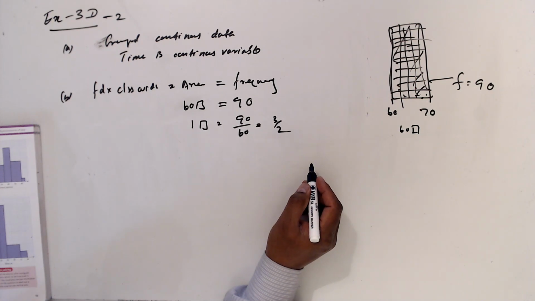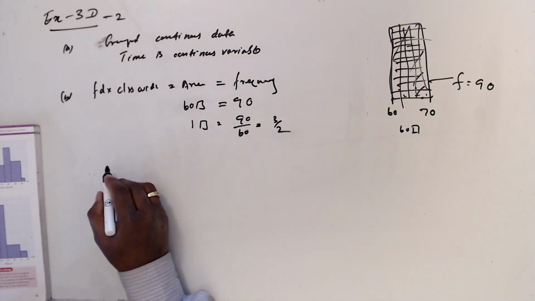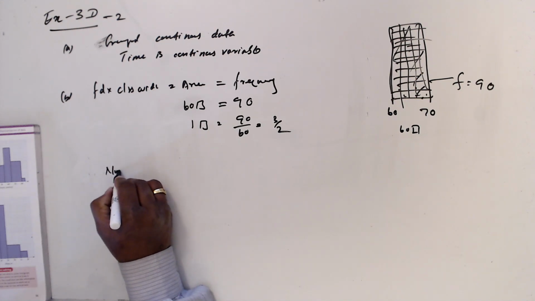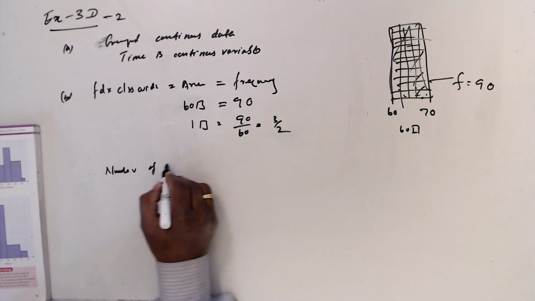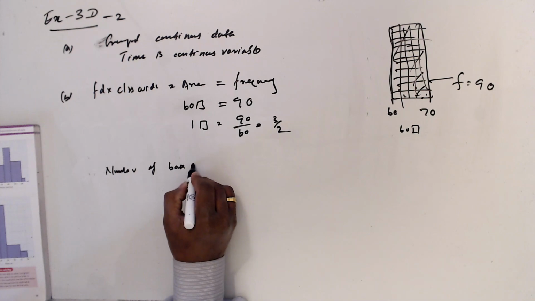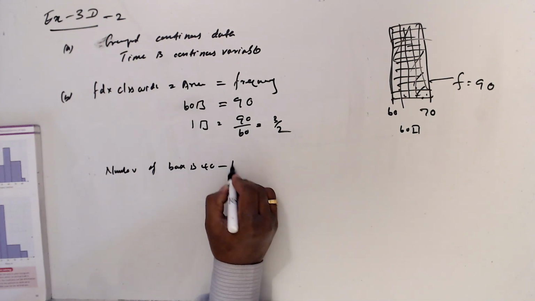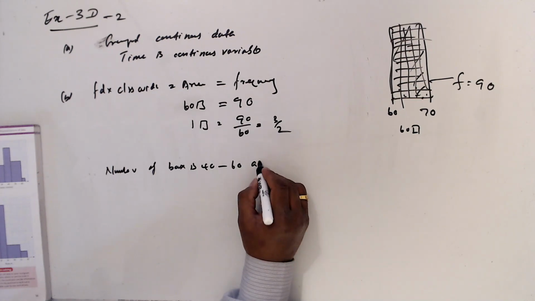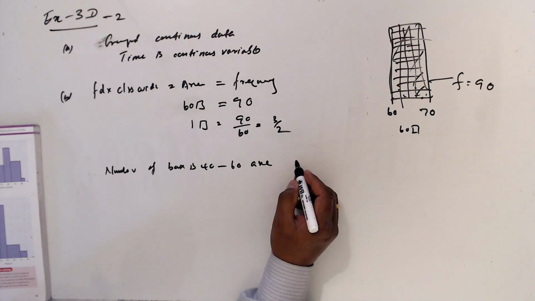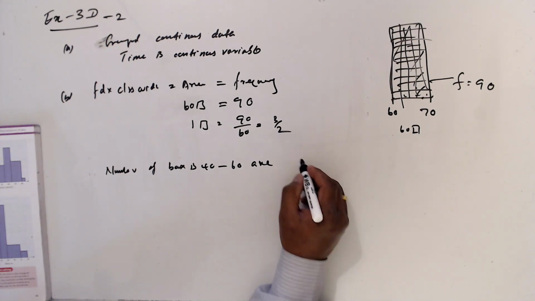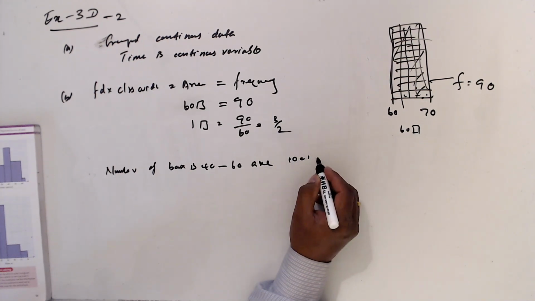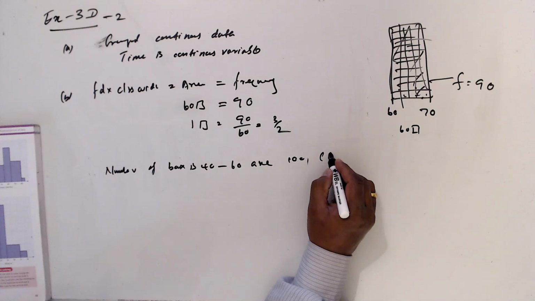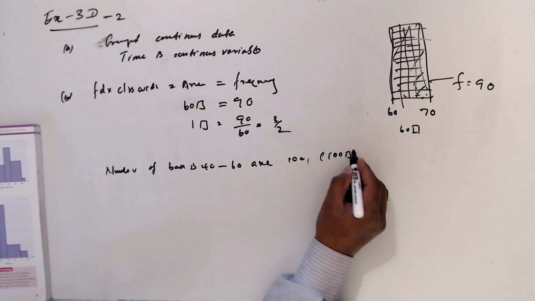And then we need to find 40 to 60. The number of boxes in 40 to 60, when you count, you can see that there are 100 small boxes.